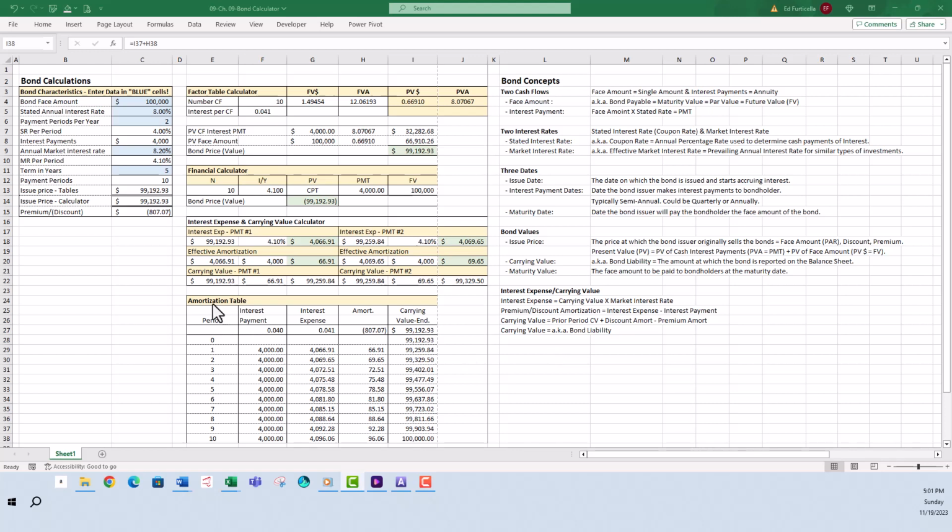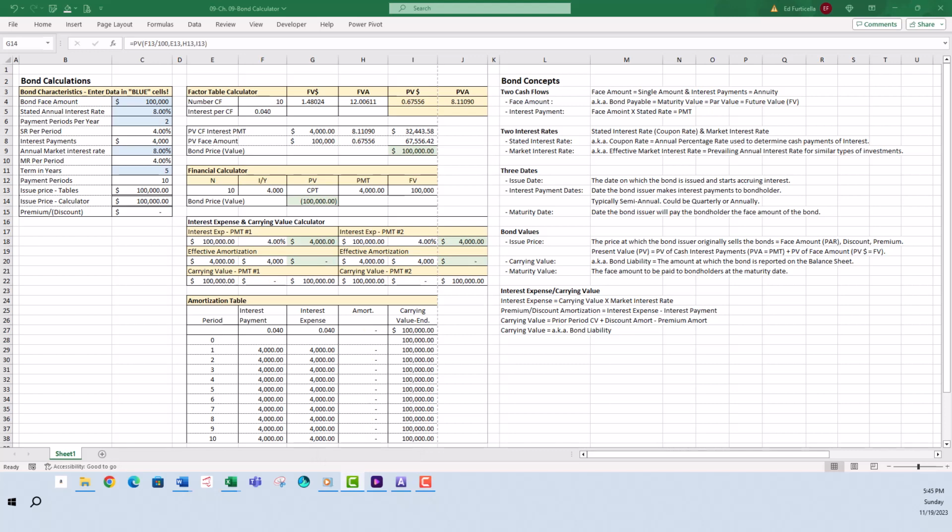Again, the cash interest payments are the same. This time the interest expense goes up with every payment because the carrying value goes up with every payment. Once the bond matures, the bond reaches its face value. And again, the company pays the bondholders the face amount of the bond.